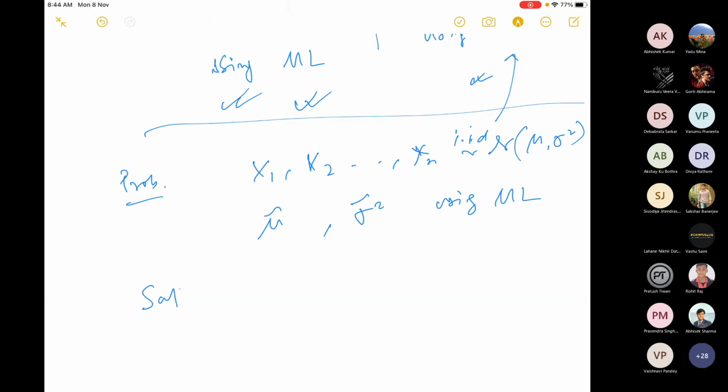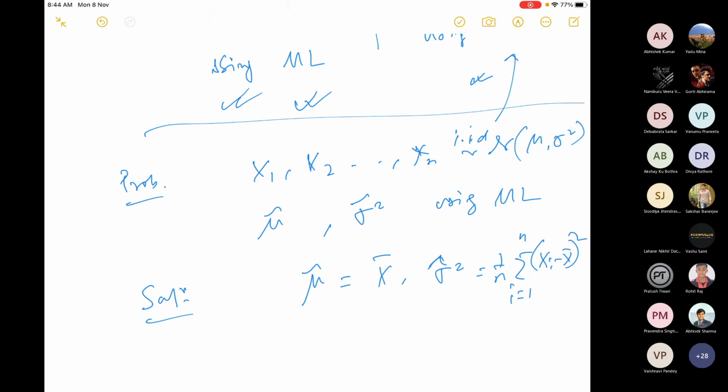So the solution you can find is that using ML, you'll get mu hat equal to x bar, and sigma squared hat equal to 1 by n times the sum over i equal to 1 to n of (xi minus x bar) whole squared. So there is no problem for the case of normal, these two methods will give you the same estimators, but it is not a rule that you will always get the same estimators.